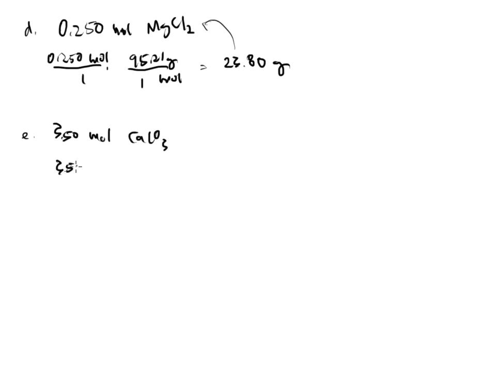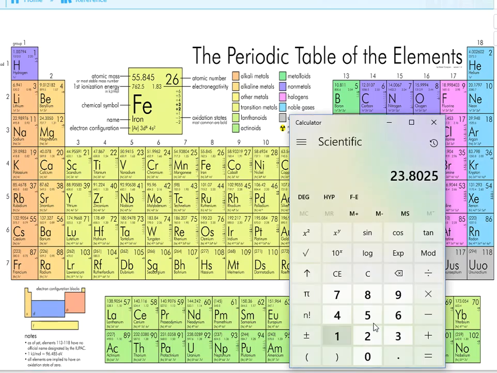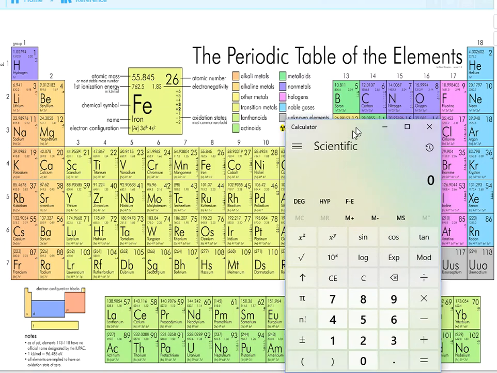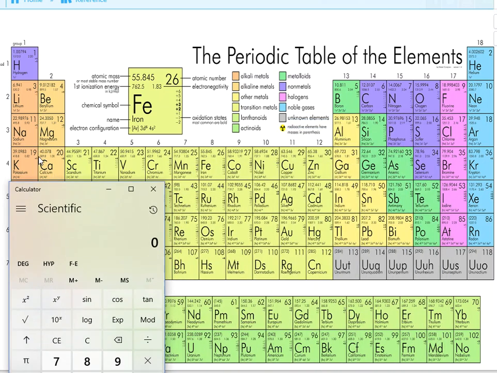All right, so 3.50 moles of calcium carbonate over 1, mole on top, mole on the bottom. I need to go to gram. Well, in order to do that, I need the formula weight for calcium carbonate, CaCO3. There's my periodic table. I'll find calcium first, which is right there, 40.08. So there's my Ca.